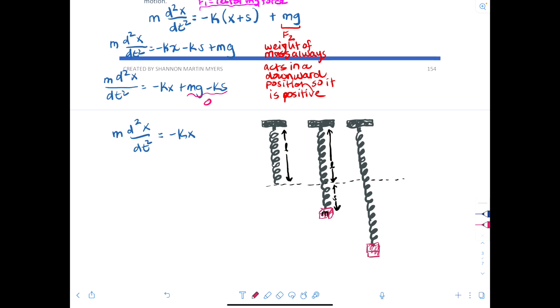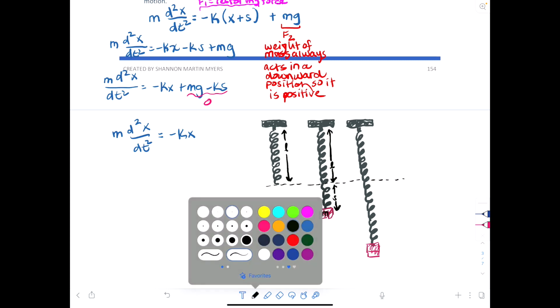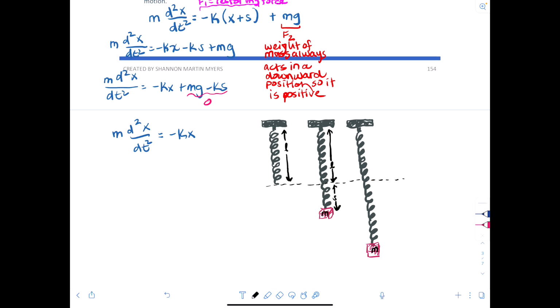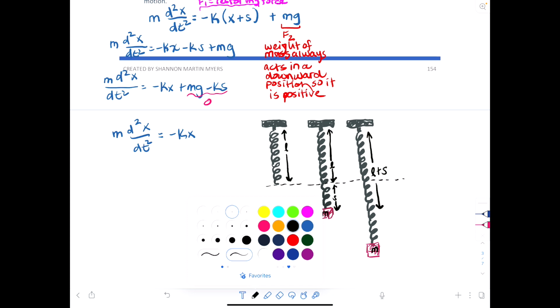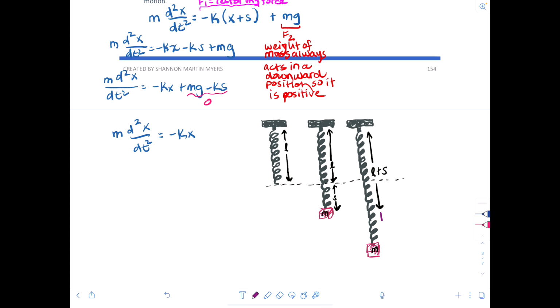M for mass. And now this distance here is going to be L plus S. That's going to go to here. Cool so far? And now this bit here will be the amount of displacement x at time t.